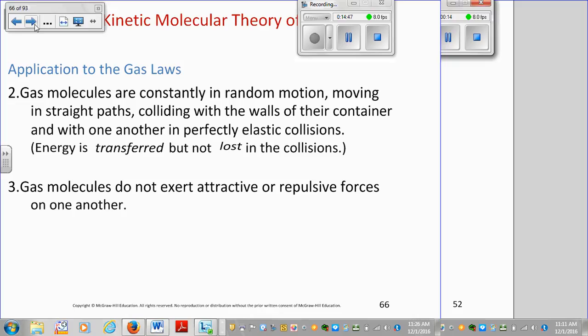So pressure is the gas molecules hitting the wall. If I have a container with a certain number of molecules in there, they're moving with a certain speed. If I heat that mixture, the molecules are going to move faster.